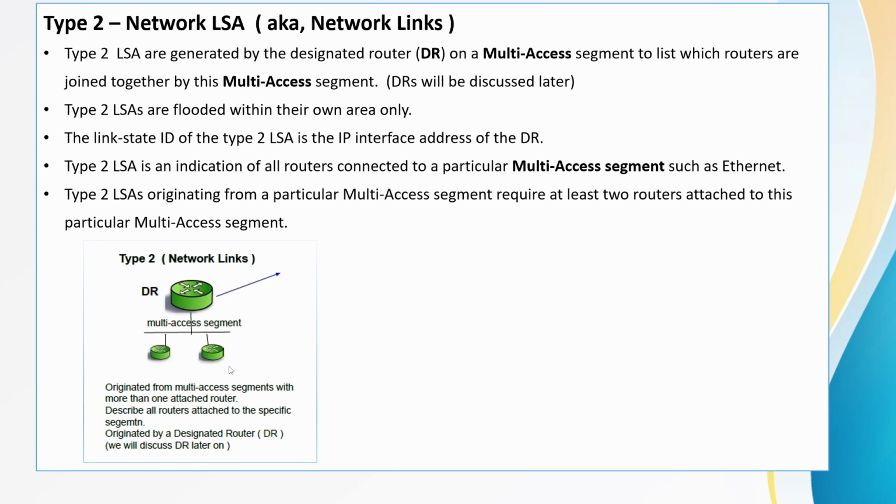That is what type 2 does, mainly for other routers to know how to join the network maps.